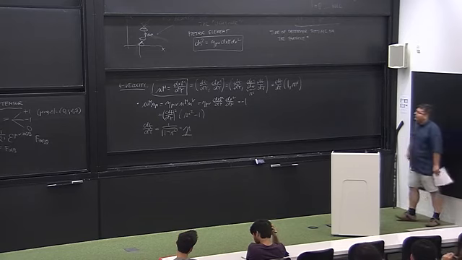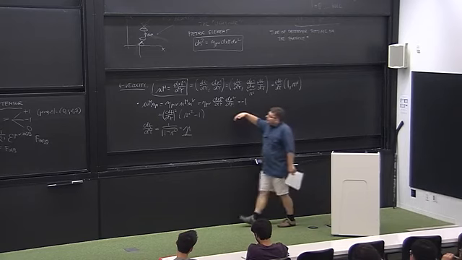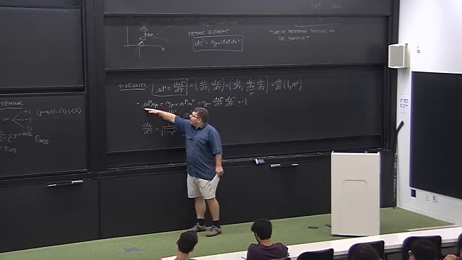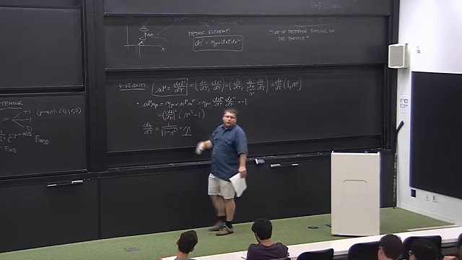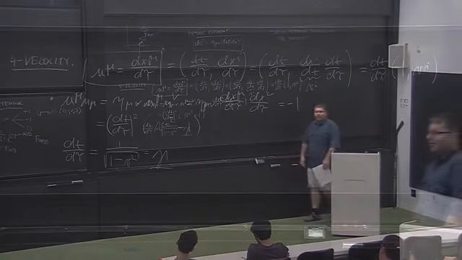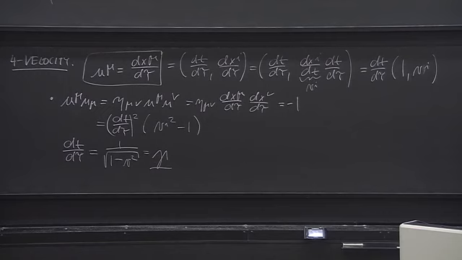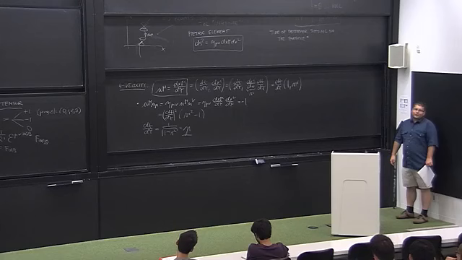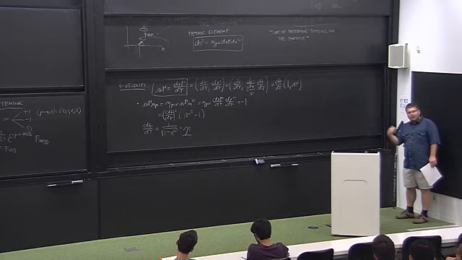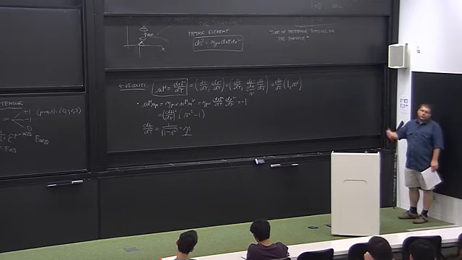Many things go through the same way. The only thing is that u^μ squared is now equal to 0. It satisfies the same equation of motion, the geodesic equation, and so on. So yes, there are subtleties about light-like trajectories, but many things also go through.